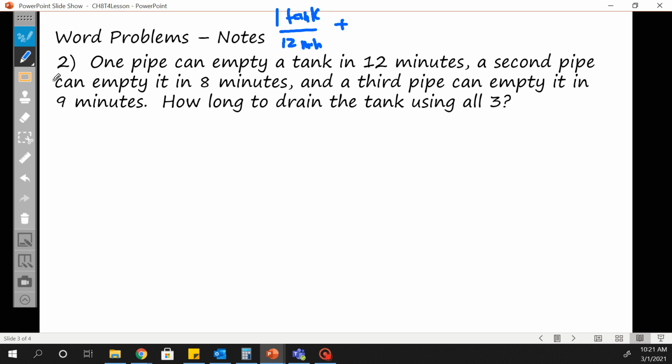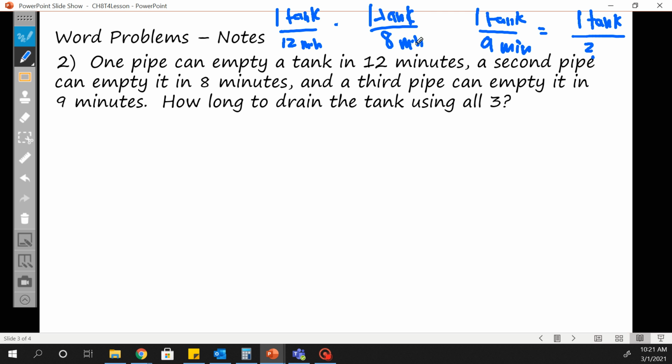Second pipe empties one tank in 8 minutes. And the last pipe empties one tank in 9 minutes. Adding all of those together, how long does it take to drain one tank? How many minutes?